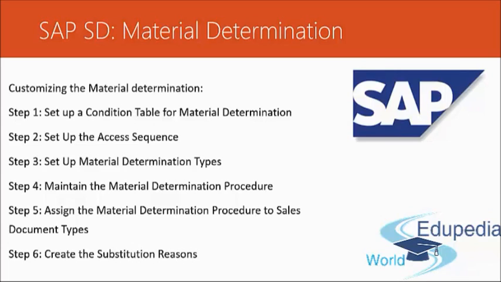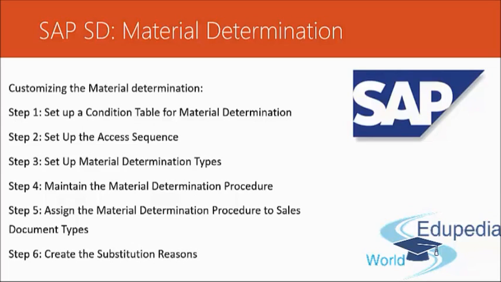So to customize the material determination, you must follow the next steps. First step, set up a condition table for material determination. Second step, set up the access sequence. Third step, set up material determination types.